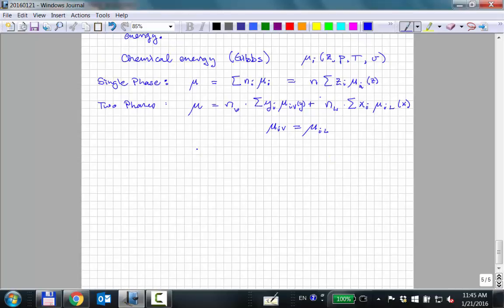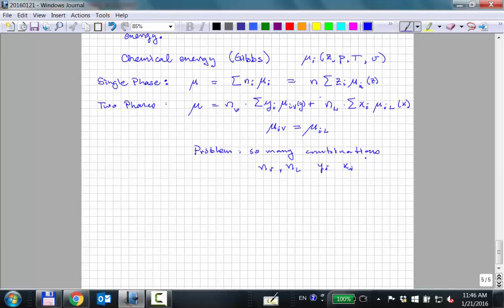Now, the problem is there's so many combinations of the number of moles of vapor, moles of liquid, Yi, and Xi, that it can be a very exhaustive search.